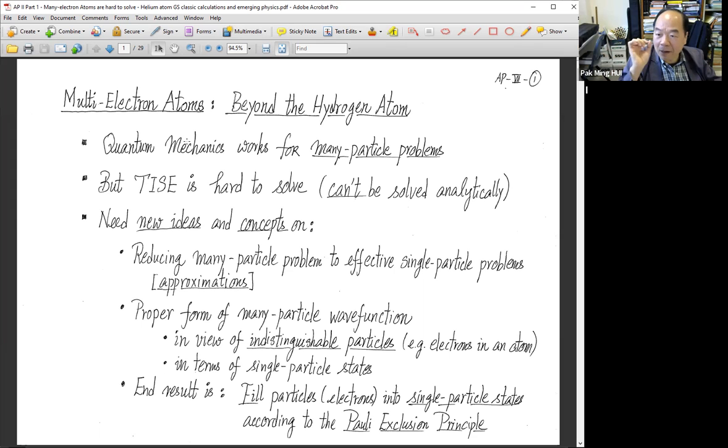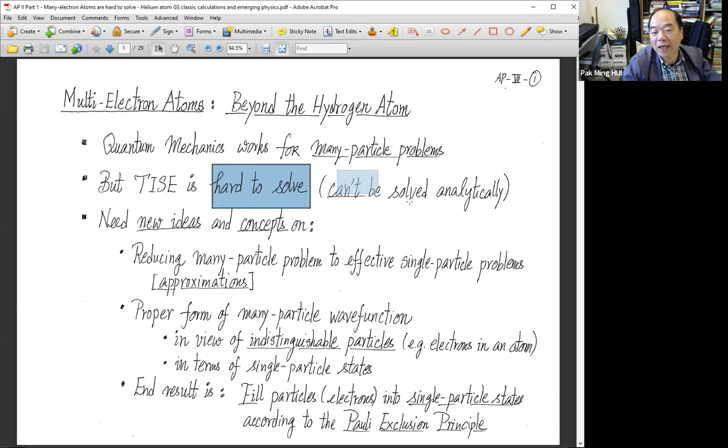It is an art and a science. So let's start. First point: quantum mechanics works for hydrogen and for many-electron problems, generally called many-particle problems. We know how to write down the Schrödinger equation, only it is very difficult to solve.